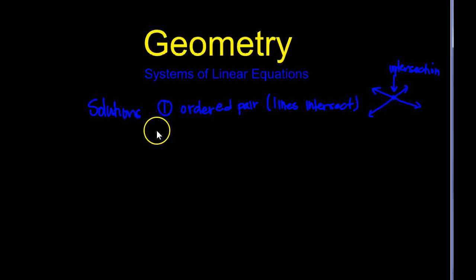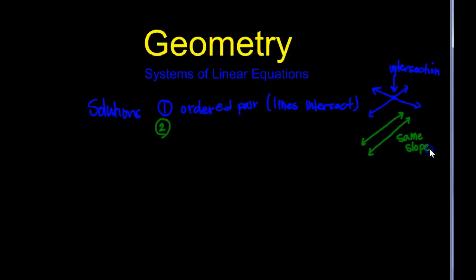All right, number two. What else could these lines do? Besides cross, what else could happen with these lines? They could run parallel to each other. So my lines could be parallel, and we know that parallel lines have the same slope. Looking at those lines, are they ever going to cross?